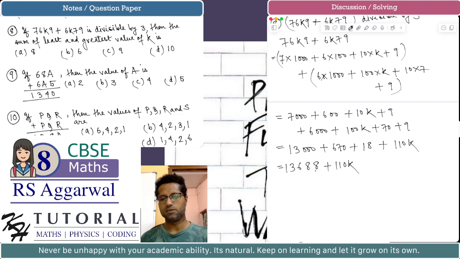Now 13,688 is not divisible by 3. k is a digit, so its value definitely will be from 0 to 9.